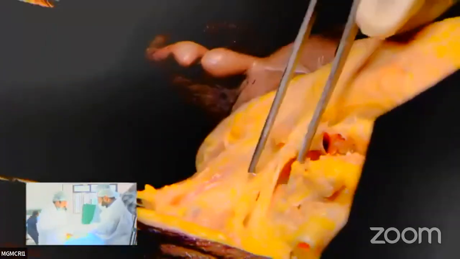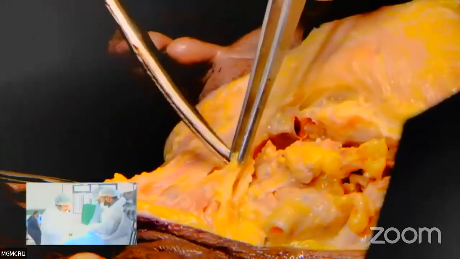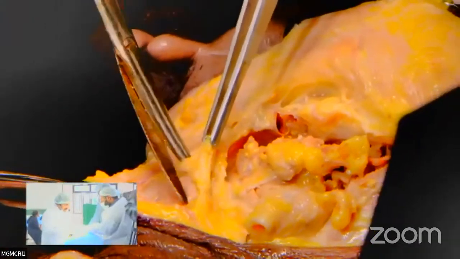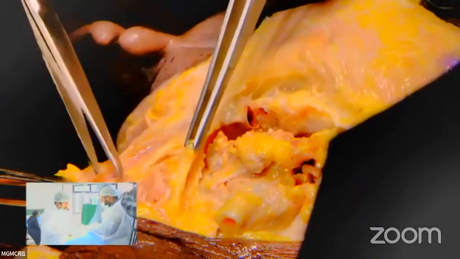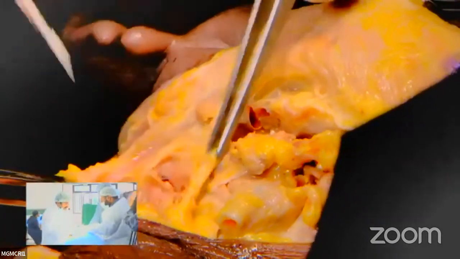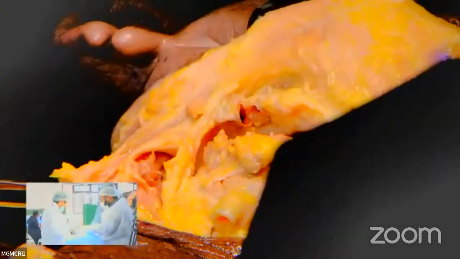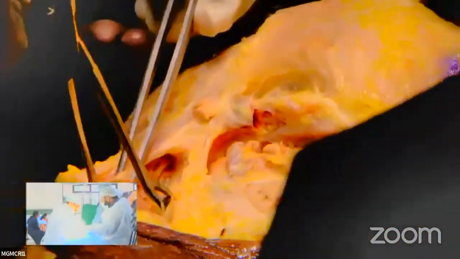Great. So now we see the anterior border of sternocleidomastoid. Identify the anterior border of sternocleidomastoid. Cut it. Now you use a Babcock to hold the anterior border of sternocleidomastoid.